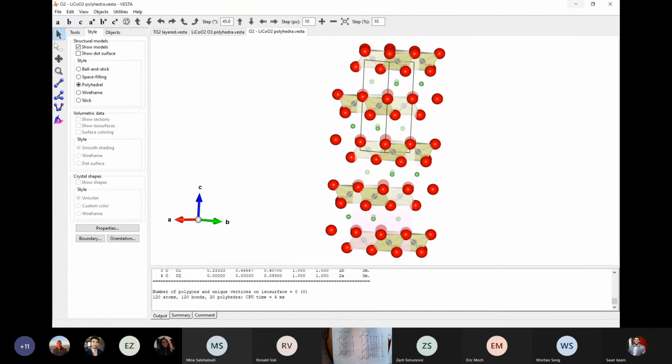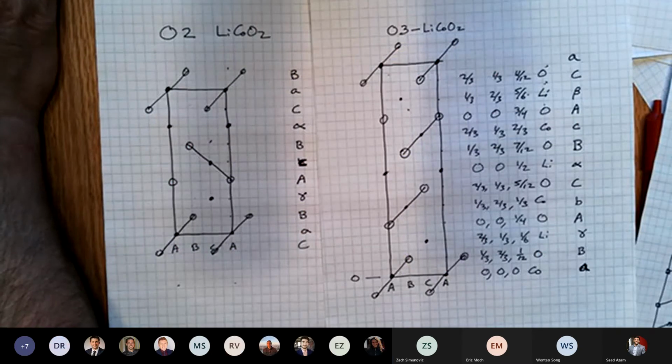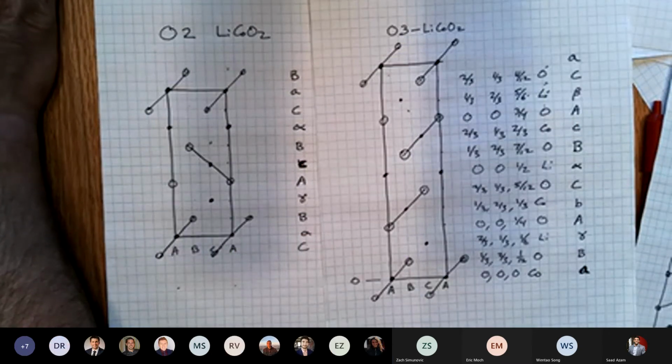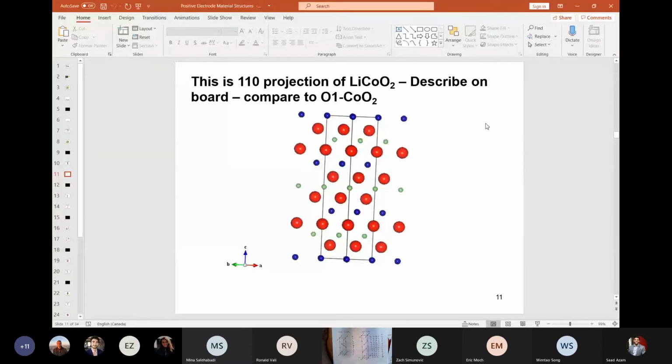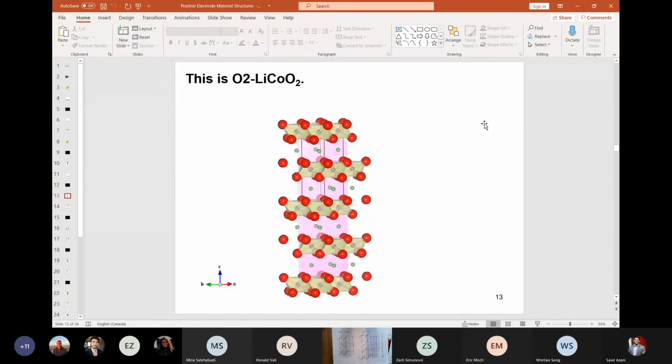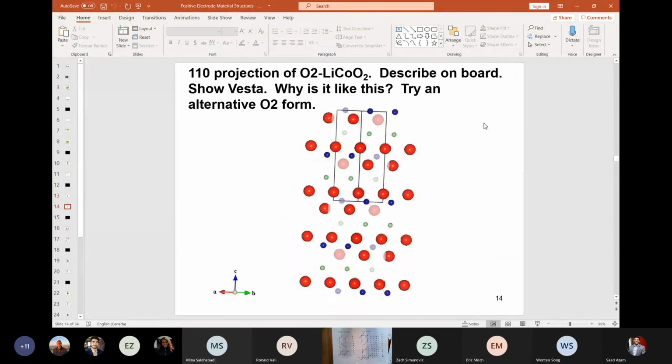Okay, so now I want to go back and do one more thing with the PowerPoint. So the Vesta should be gone. Now I'll put the PowerPoint back on. And we talked about O2.